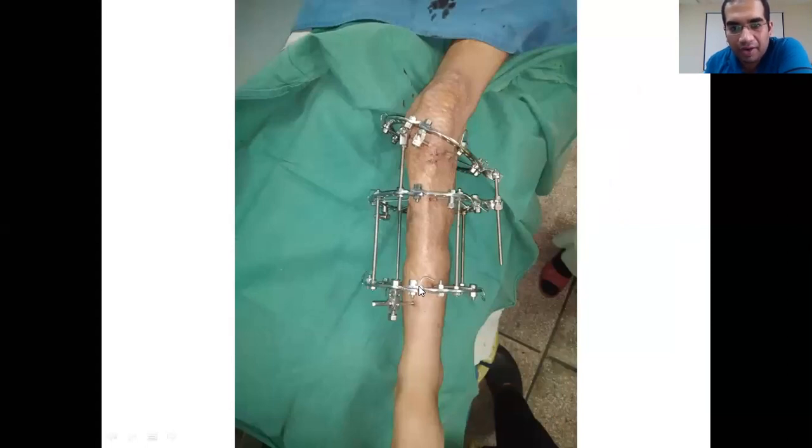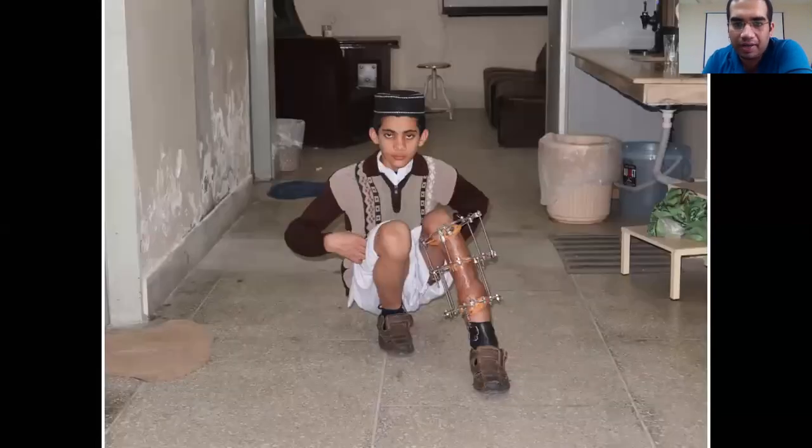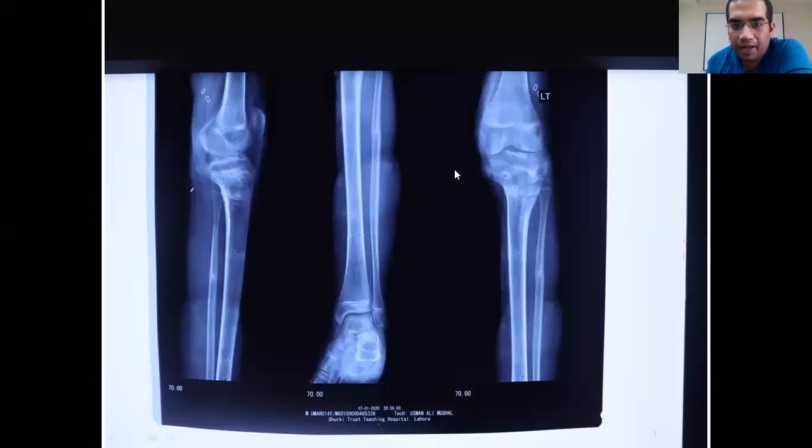As you can see over here, the condition of the skin is not good. So just by doing a percutaneous osteotomy and through translation, deformity was corrected. Again, through translation. This is where the osteotomy was, and all the bone, this shaft was translated to the center.